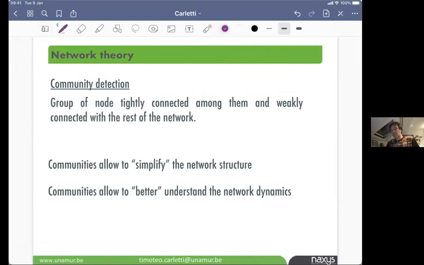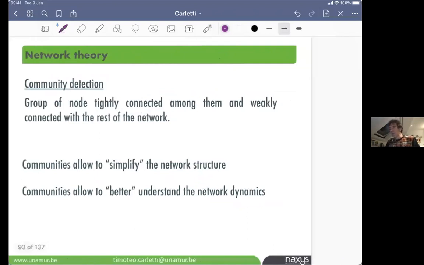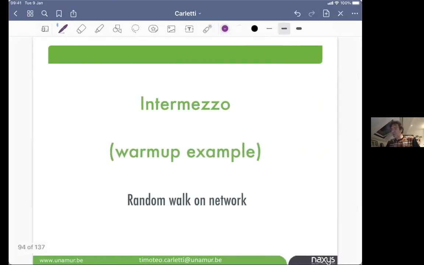If you're interested, we can speak next time or you can have a look at the book that I showed you, because I have no time to speak about community detection. So I think we can stop here, because now we would start the first part on the dynamics on networks. That can maybe be done next time. I don't know, it's up to you. Okay, as you wish.